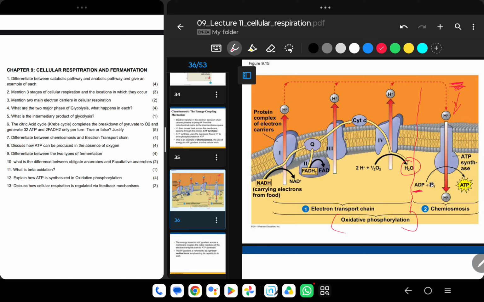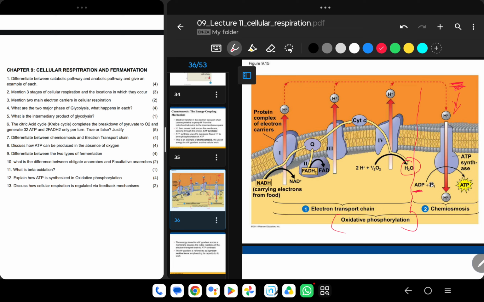We also have to discuss number 8. Number 8 says discuss how ATP can be produced in the absence of oxygen. So basically, here we're talking about when there is no oxygen.